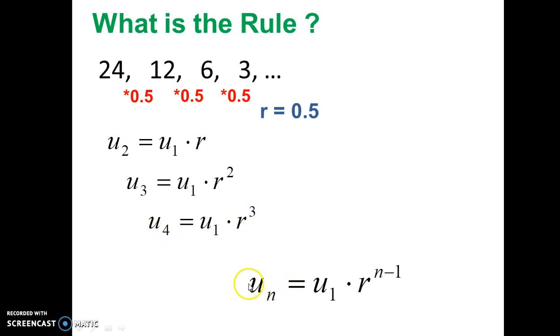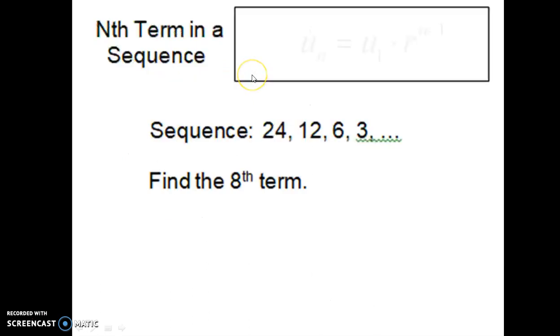So if you're looking for any term in the sequence, un, some mystery number term, you take u1 and you multiply by the ratio n minus 1 times. So if this was 20, this would be 19 times. If this was 30, this would be 29. If this was 100, this would be 99, because you always have one less ratio multiplier to get to that term. All right, so that's our rule.